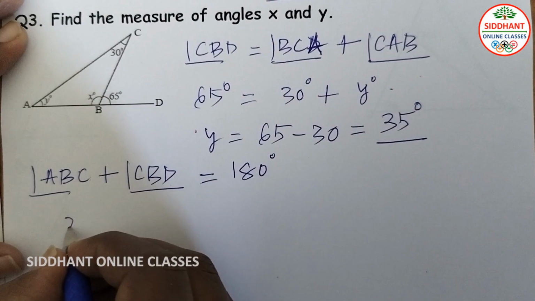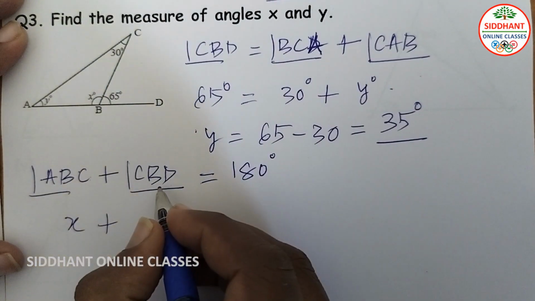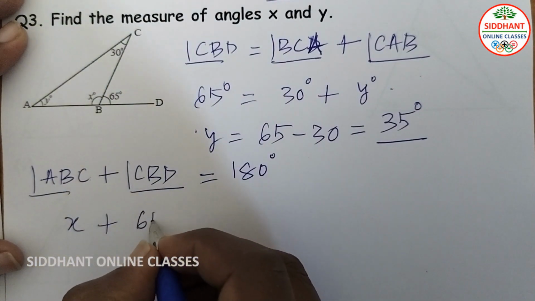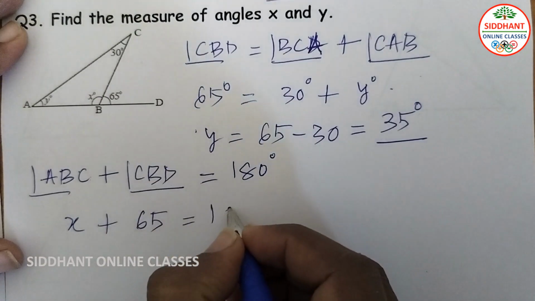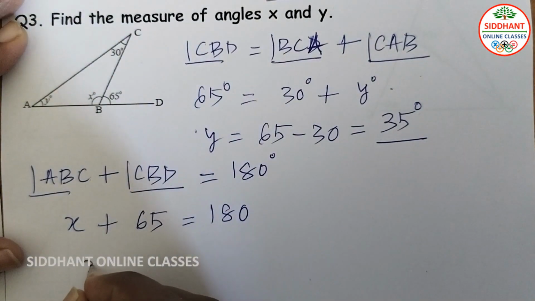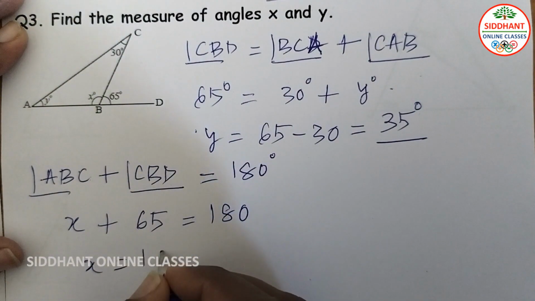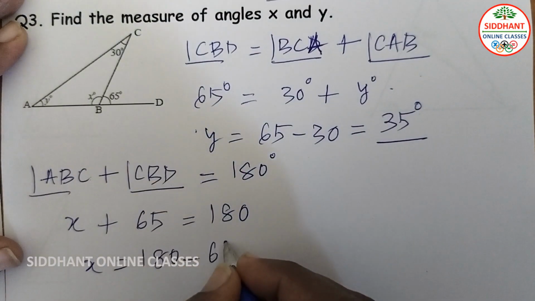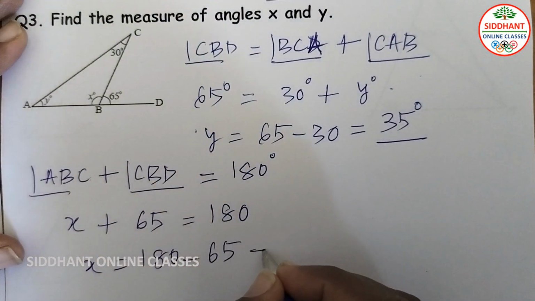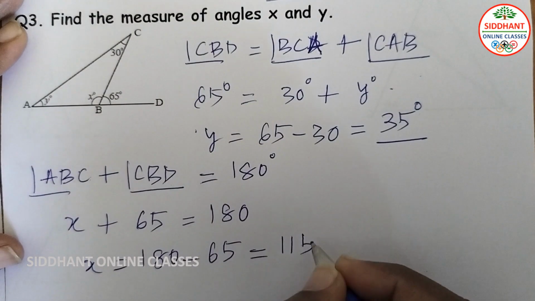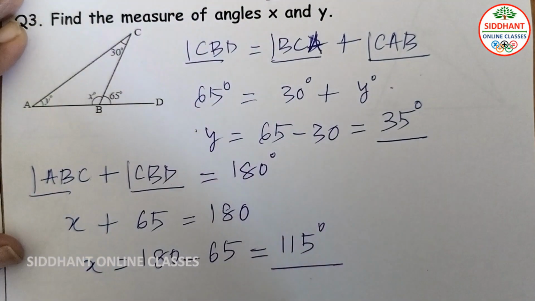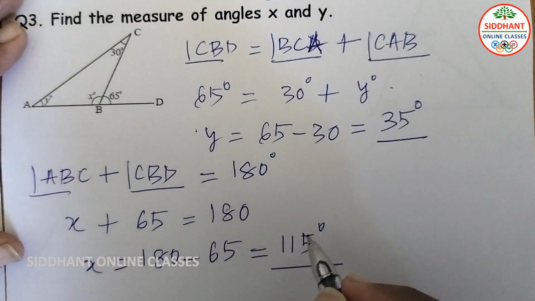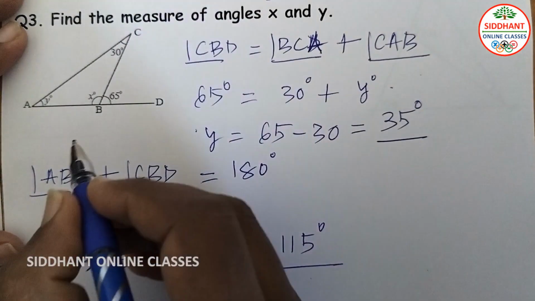ABC is X and CBD is 65, so X is equal to 180 minus 65. That will be equal to 115 degrees. So we got 115 degrees.